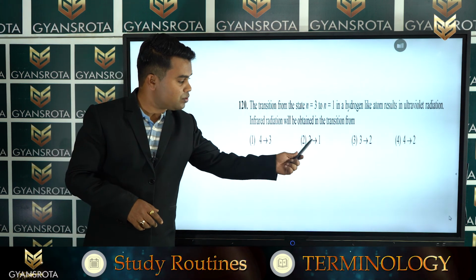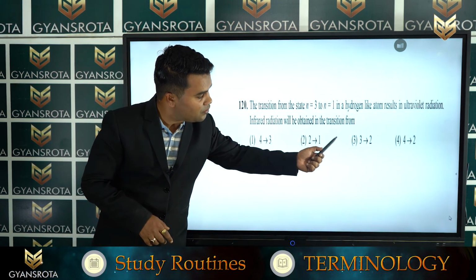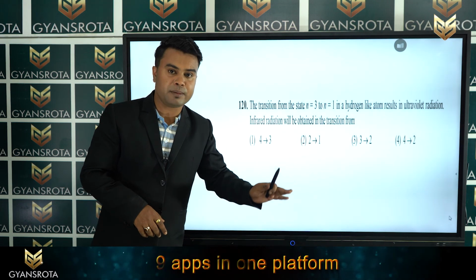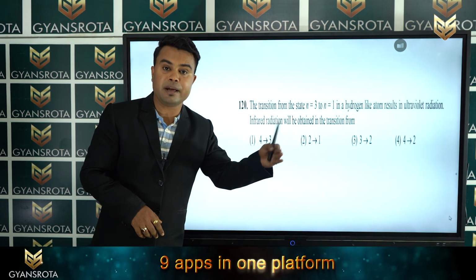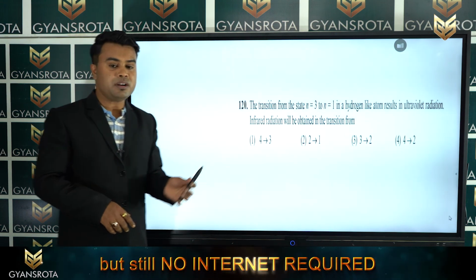So this is 2 to 1, again the Lyman series. 3 to 2 is Balmer series, 4 to 2 is Balmer series. Balmer is in visible and Lyman is in ultraviolet. The remaining one is option number 1.